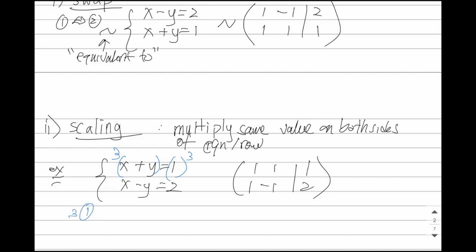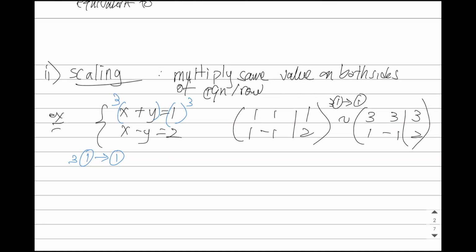So in this case, I'd be taking 3 times row 1 and making it the new row 1. In matrix form, this is going to look like 3 times the row going into the new one. I'll have a 3, 3, 3, 1, -1, and 2. So those 2 systems look different, but they are going to have the same solution set.